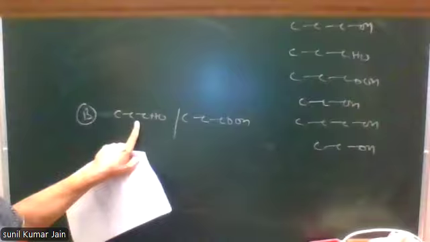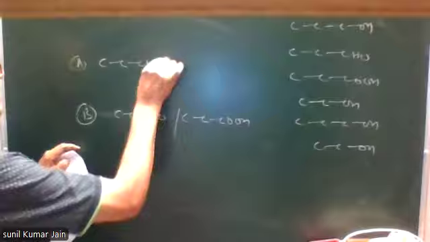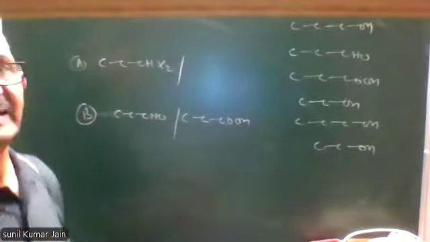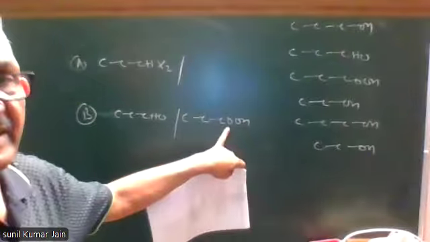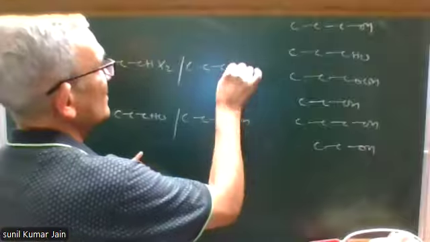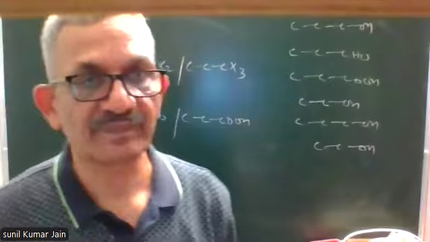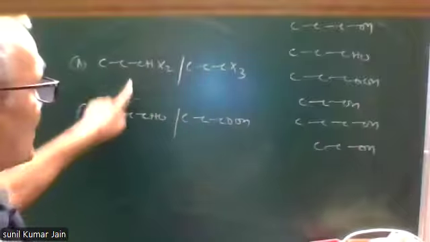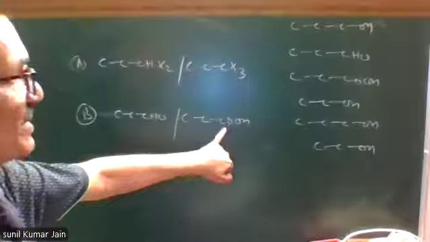If B is aldehyde, then A is 1,1-dihalopropane. And if B is propanoic acid, then A is 1,1,1-trihalopropane. So if A is this, B is this. Second option, if A is this, B is this.